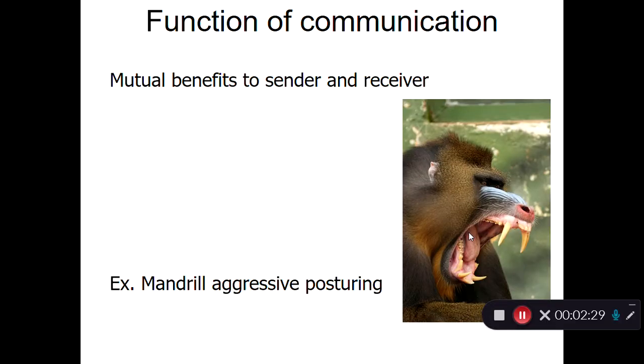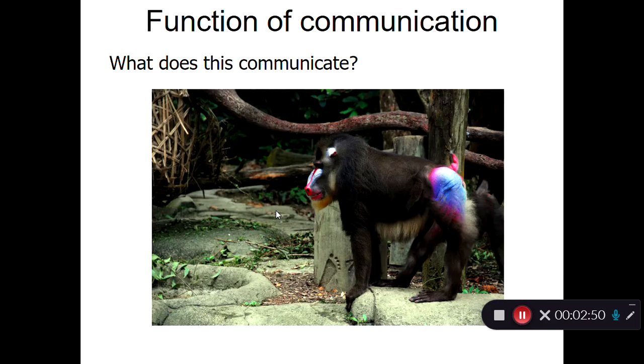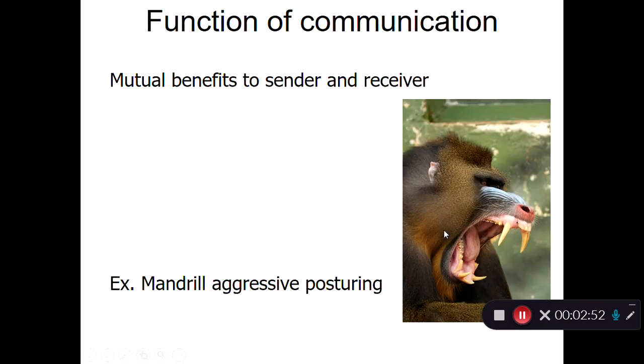One important thing to advertise is your status in the community. This mandrill here is advertising something, and he's also trying to manipulate the receiver. This sender, showing off these giant canine teeth, actually benefits himself by preventing another individual from harassing him or getting in his territory or taking something of his.